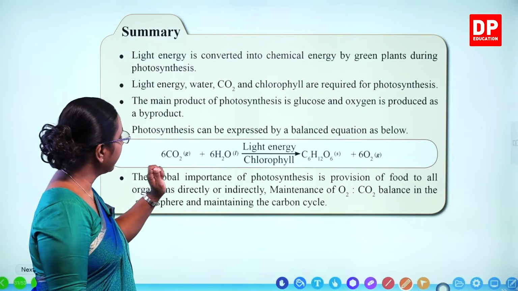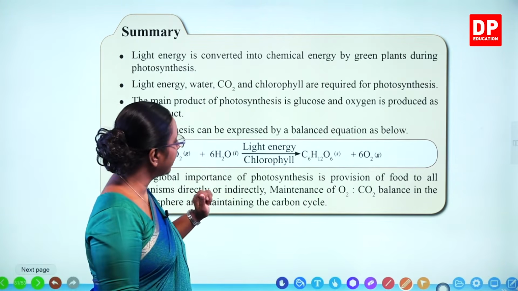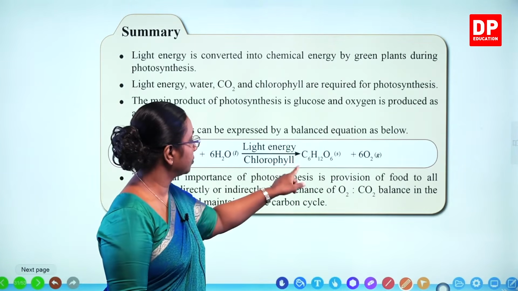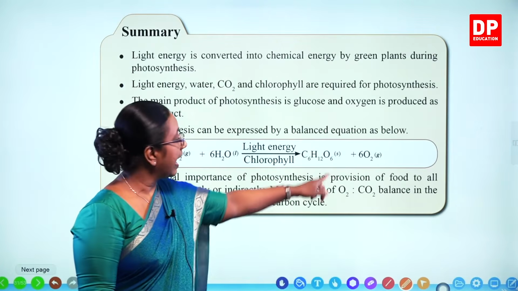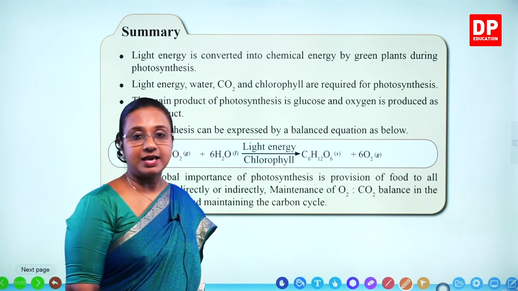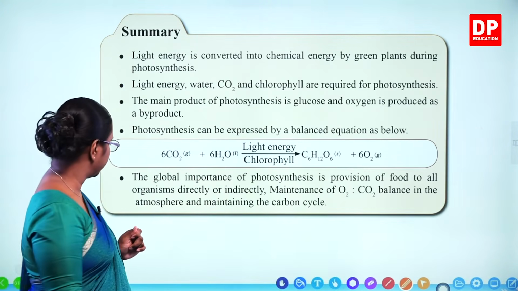So 6 CO2 gas, 6 H2O liquid in the presence of light energy within the chlorophyll gives glucose, C6H12O6, that is a solid, and oxygen, 6 O2, that is gas. So this is the balanced chemical equation.